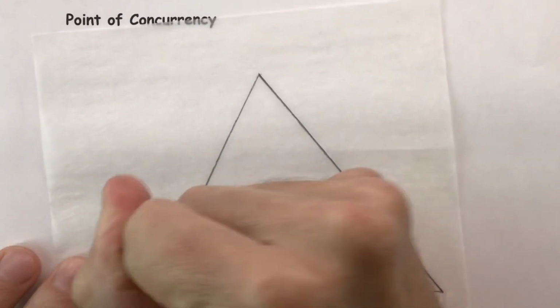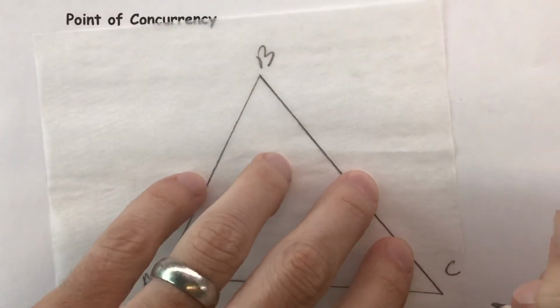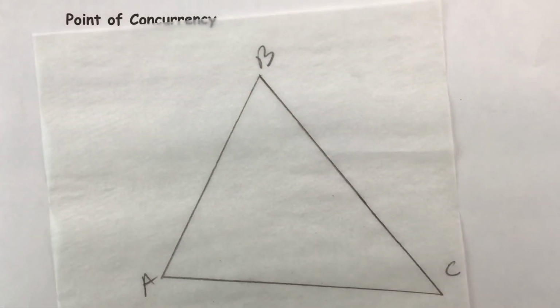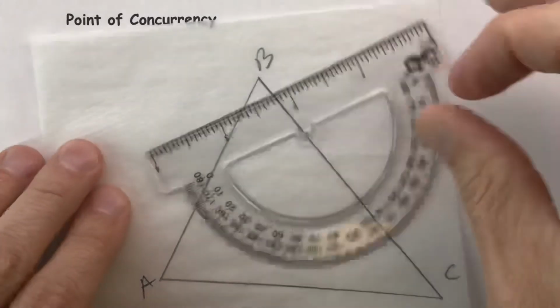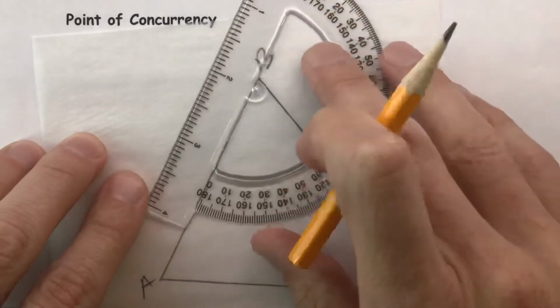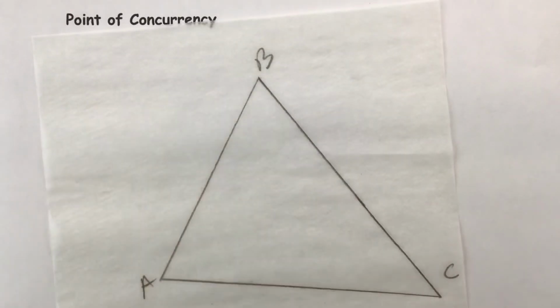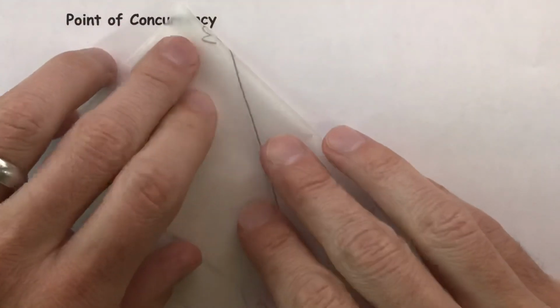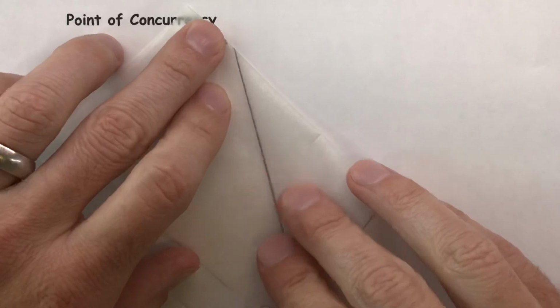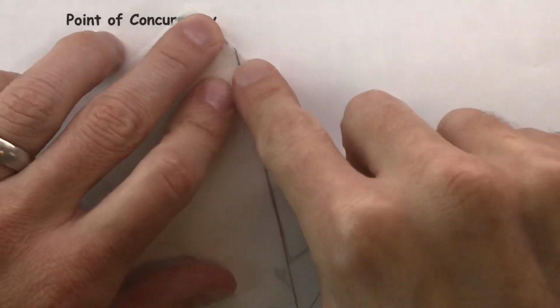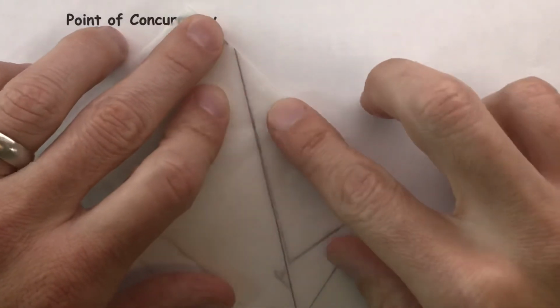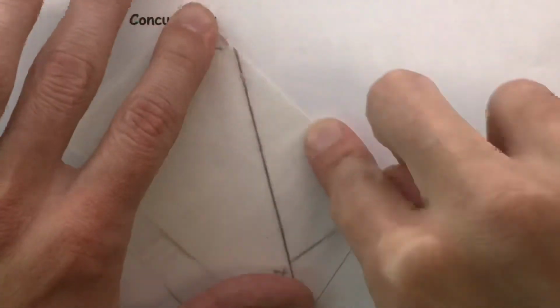Let's call this ABC, just in case we need names. All right, angle bisectors. We could use a protractor to measure and divide them up, but since I'm doing this on patty paper, what will actually work a little bit better is if I just fold over. I'm just going to fold side to side, making sure that the crease goes through an angle or a vertex.